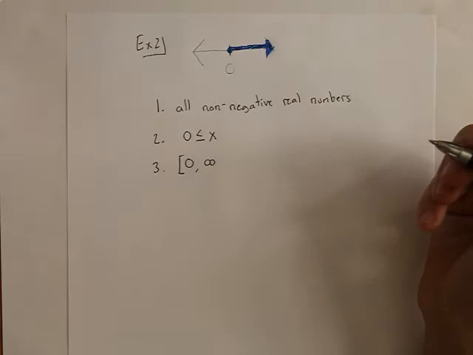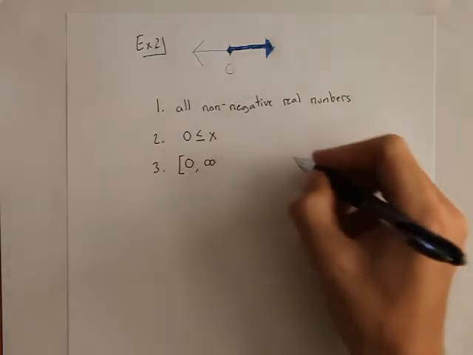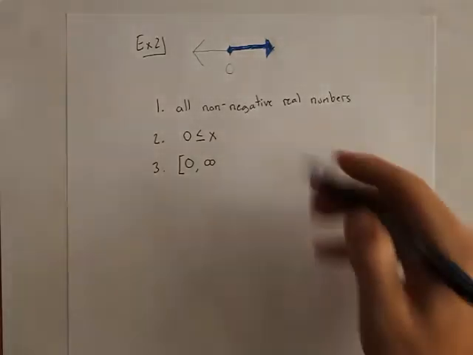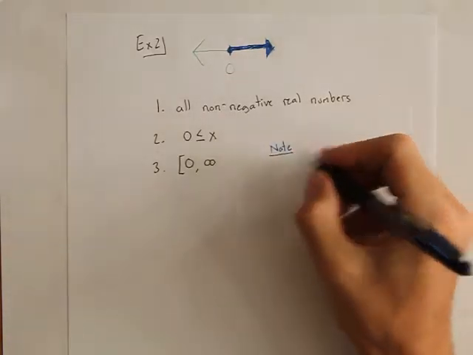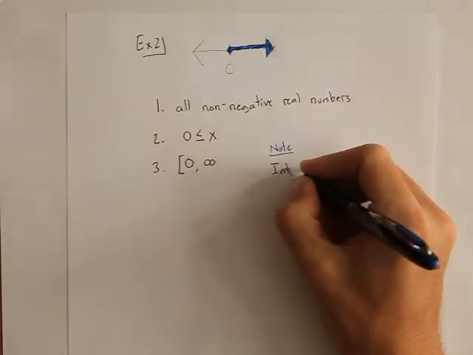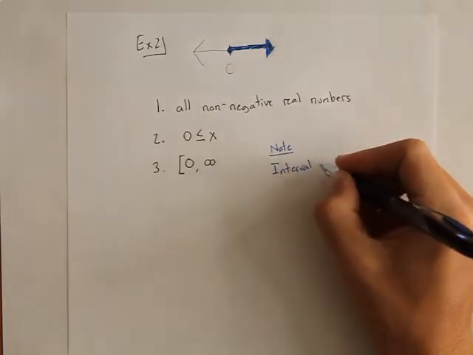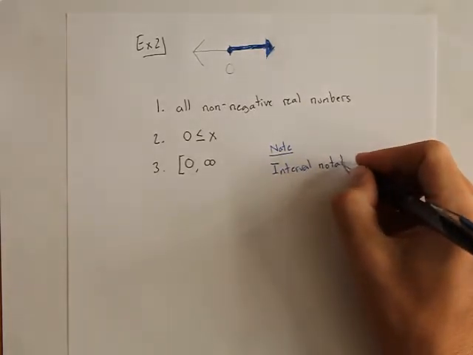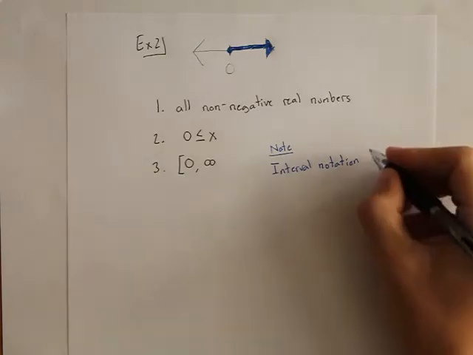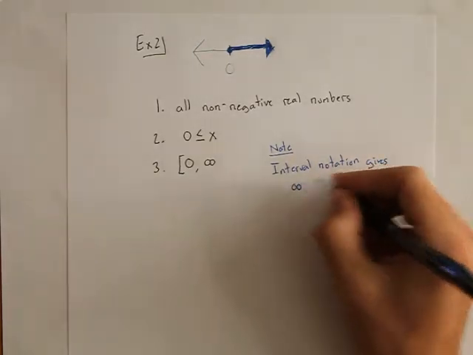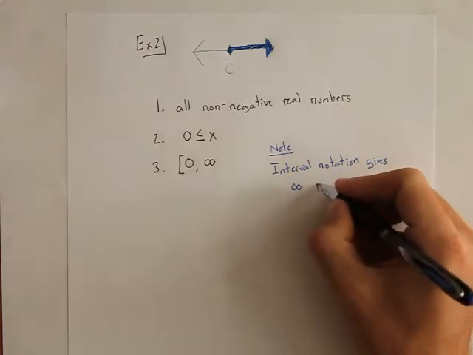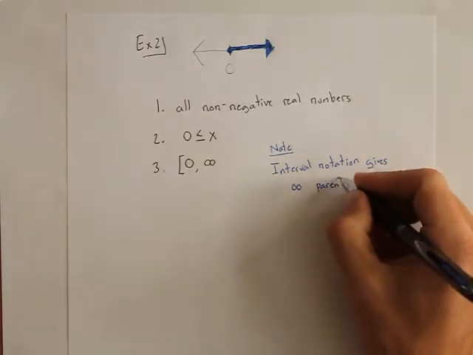And then here's where we have to be careful. I'm going to write this as a note. In interval notation, infinity always gets parentheses.